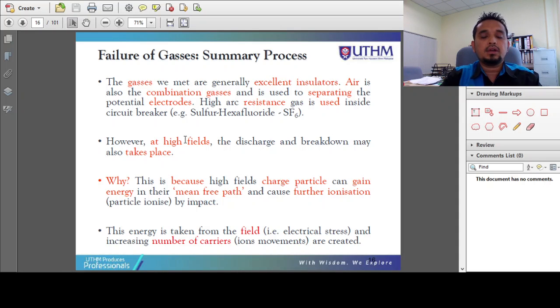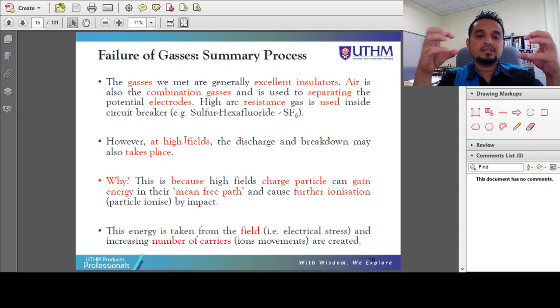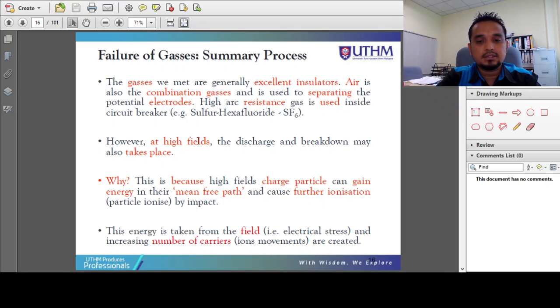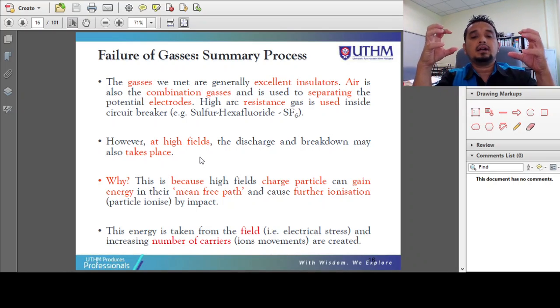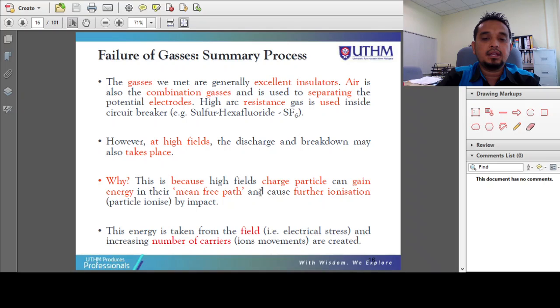When you have two different potentials at a very high voltage, obviously there will be an electric field developed around the electrode, around the conductor, and this high electric field can transfer a certain amount of energy to the molecules of the gas particles.